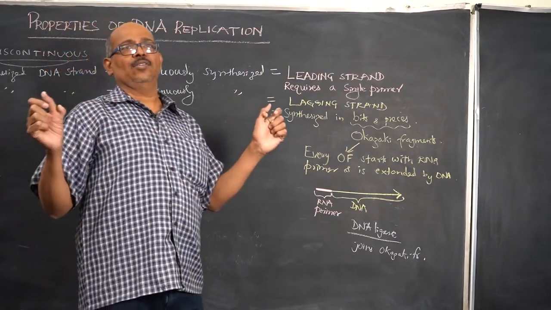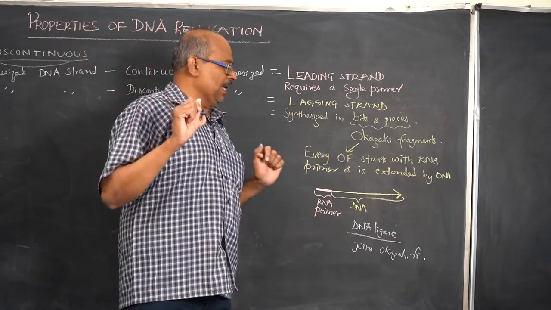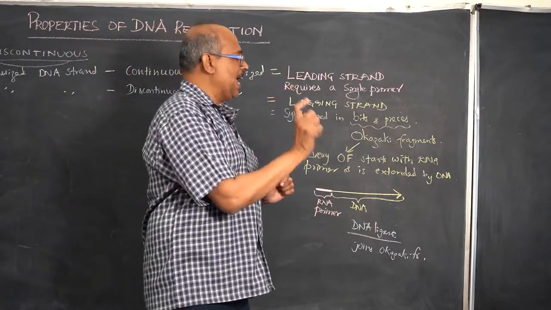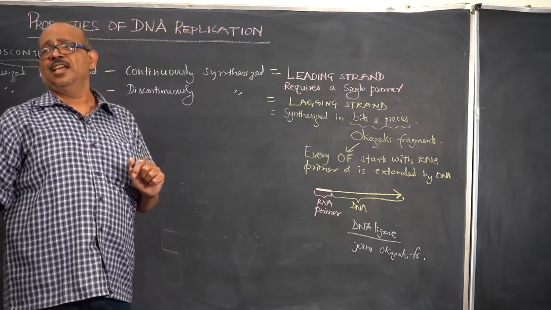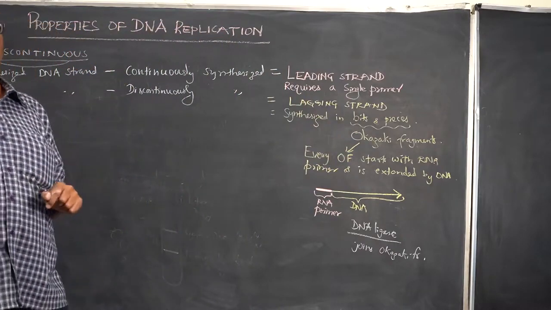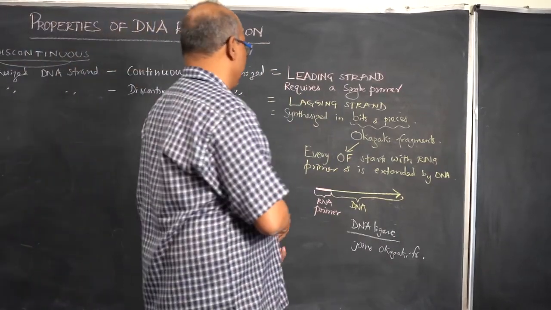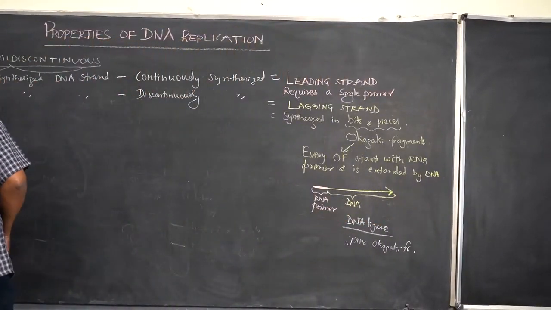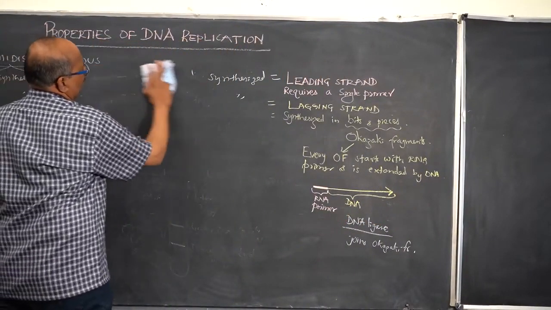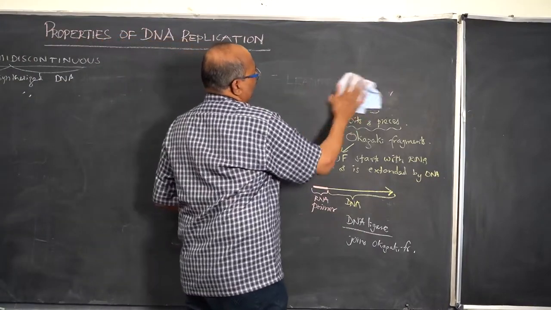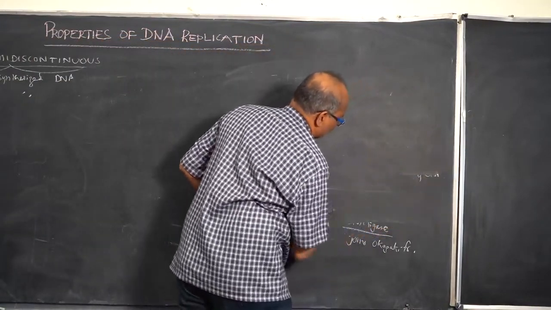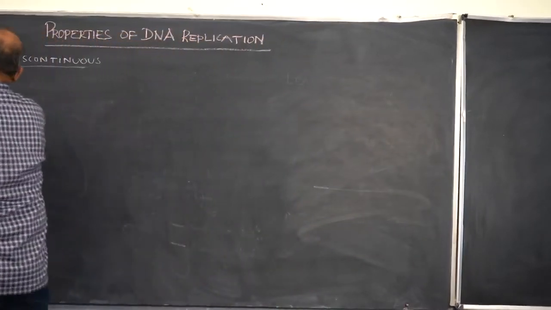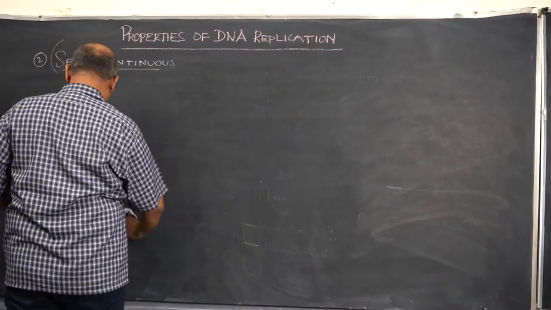If you don't have the DNA ligase, then Okazaki fragments remain as such. So your lagging strand will be synthesized in the form of small pieces. Then when you look at the diagram in terms of all these features, we will take one side of the replication, the other side also exactly the same thing happens.